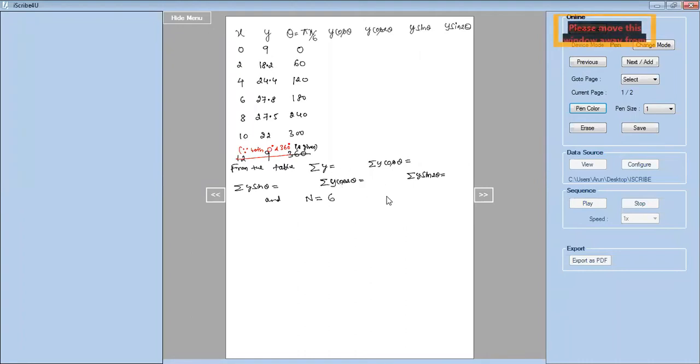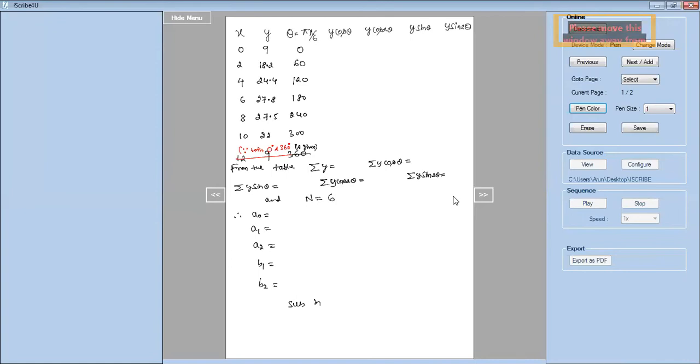So once you find the summation values, substitute in the formulas of A0, A1 and all. So A0, then I want A1, then A2, then B1, finally B2. So after finding all these things, I can substitute this.